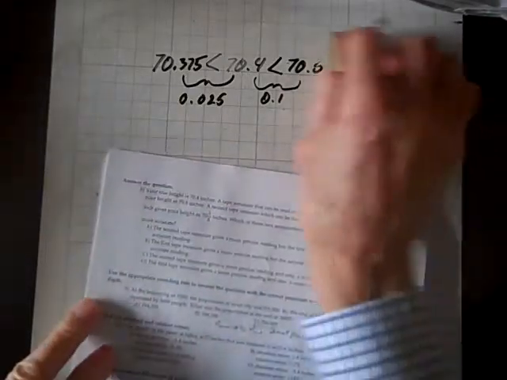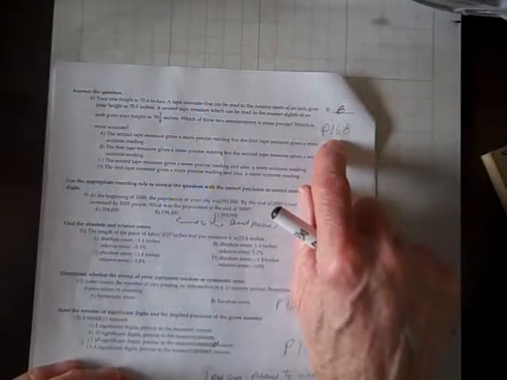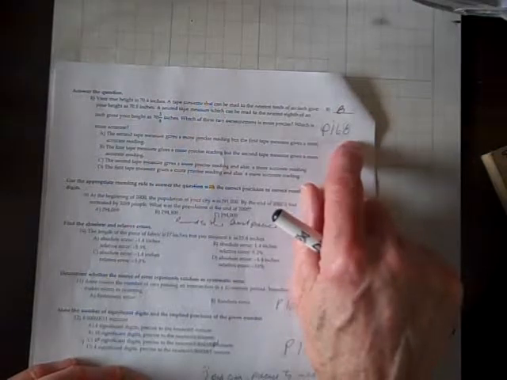So B is our choice. And by the way, that information relative to precision and accuracy can be found on page 168.